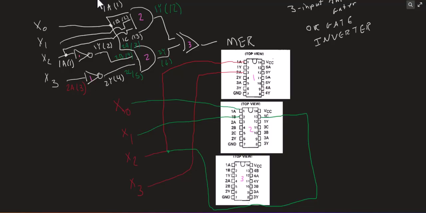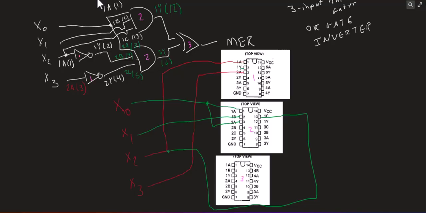And those were X0 and the NOT of X2. So the NOT of X2 was 1Y. That's the output. See, 1Y right here is the NOT.